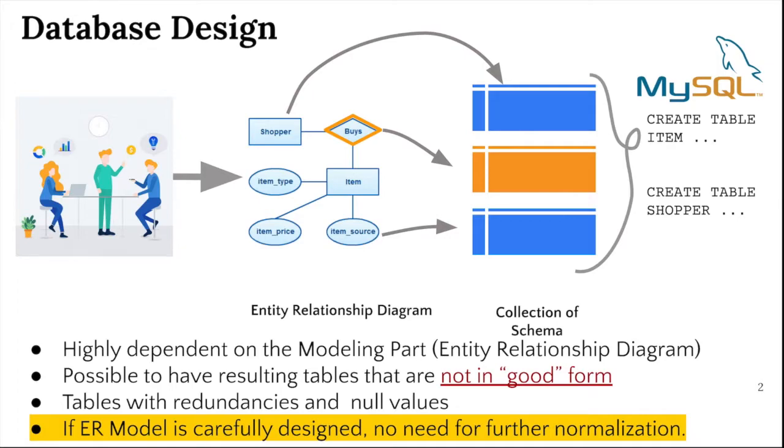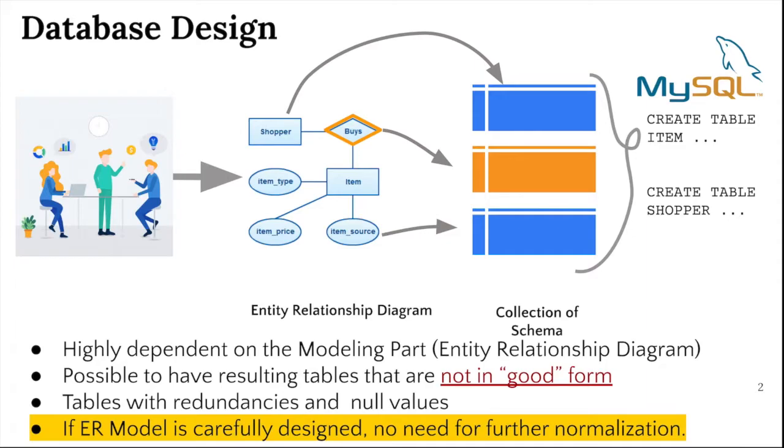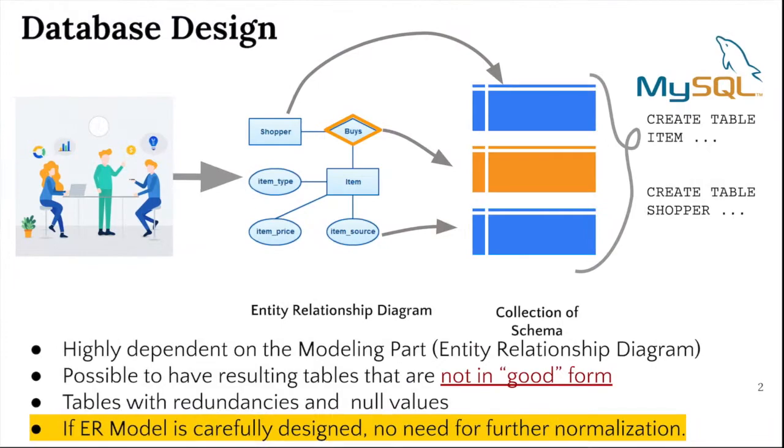The problem with this design process is that this is highly dependent on the modeling part. And then it is also possible that the resulting tables are not in good form. So may mga redundancies and may mga null values.